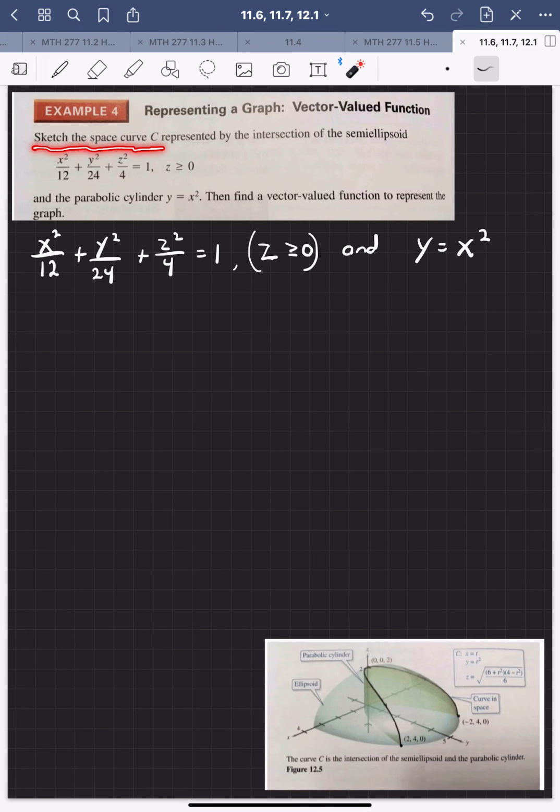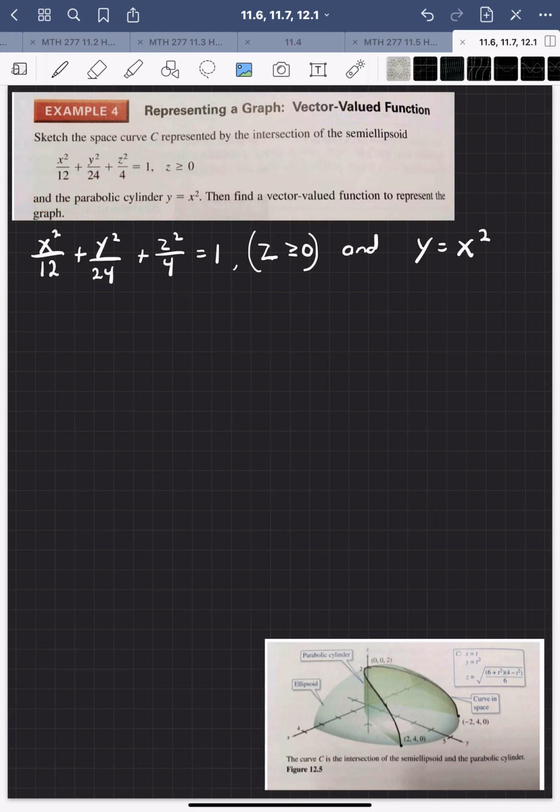Sketch the space curve C represented. Now this is an intersection of two different curves. So we have a semi-ellipsoid, which is modeled here, and that curve is intersecting with a parabolic cylinder defined as y equals x squared.